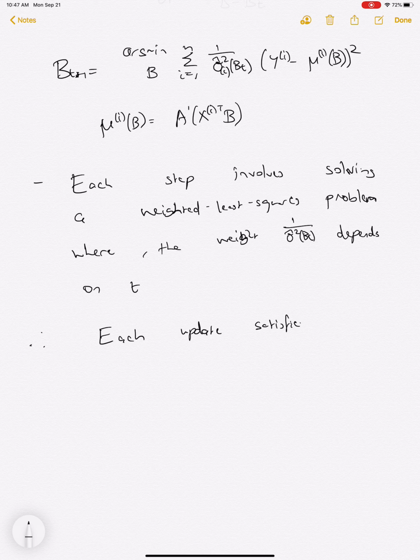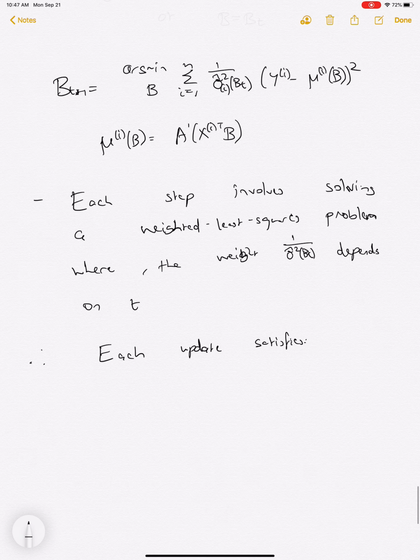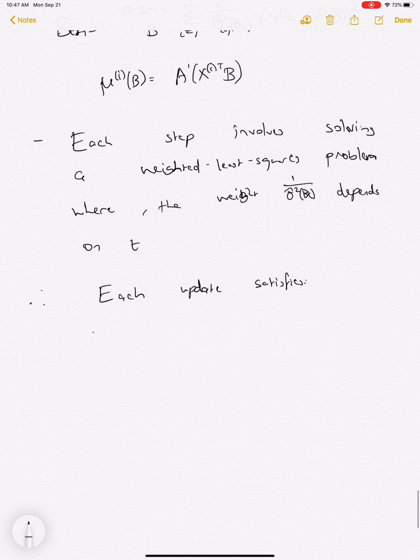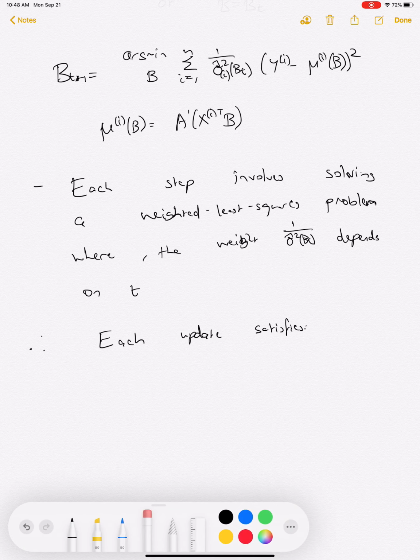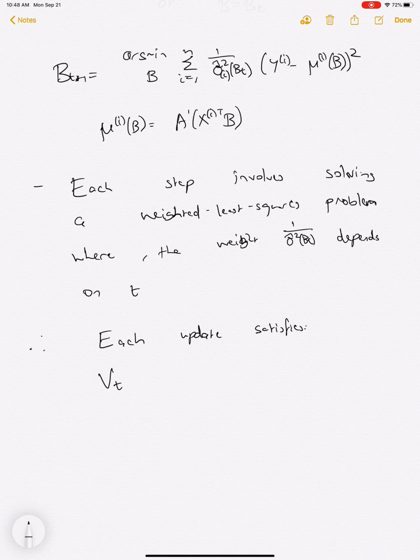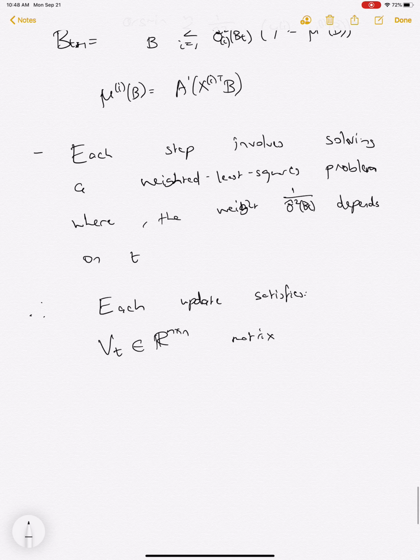And so therefore we can see that each update will satisfy that, if we introduce a W_t notation, or rather let's use V_t for variance. We're going to let this be an n by n matrix, and it's also going to be diagonal.